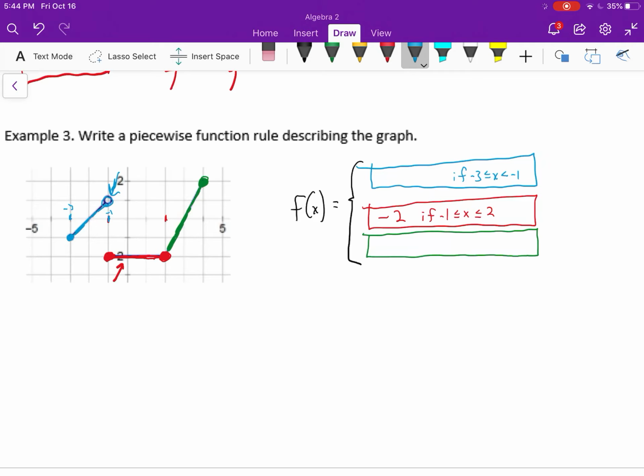Well, what is this line? To write a line, we need the slope and the y-intercept. So we see, just by continuing it, it would go through 2. So our y-intercept would be 2, and our slope, we notice, is just 1/1. So we have 1/1, which is 1. So we can think y equals x plus 2.